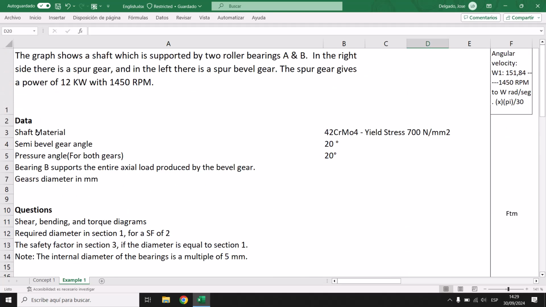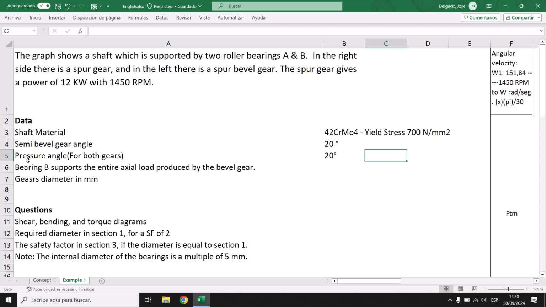So the data that we have about the shaft material: this is 42CrMo4, and this has a yield stress of 700 Newton per millimeter square. Now the semi-bevel gear angle is 20 degrees.